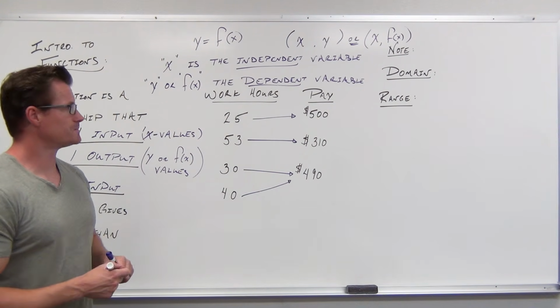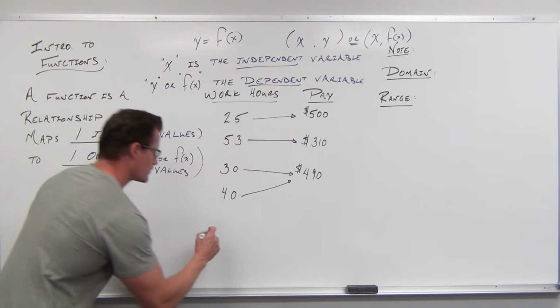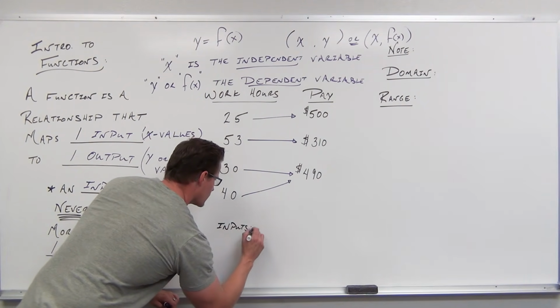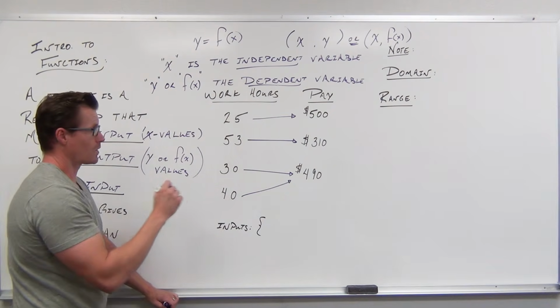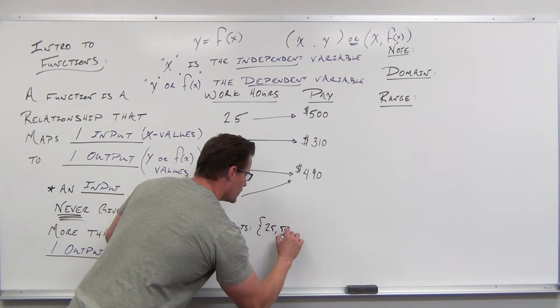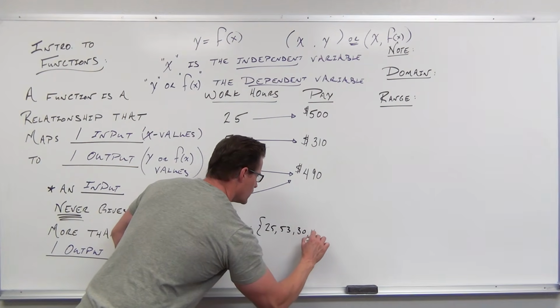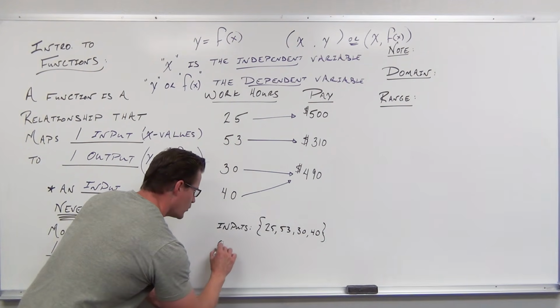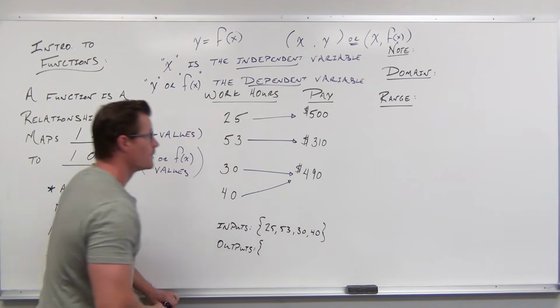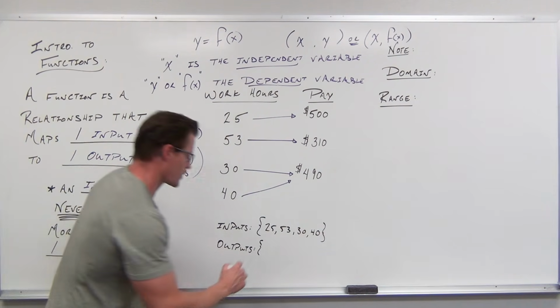And our inputs are 25, 53, 30, and 40. Our outputs are 500, 310, 490.